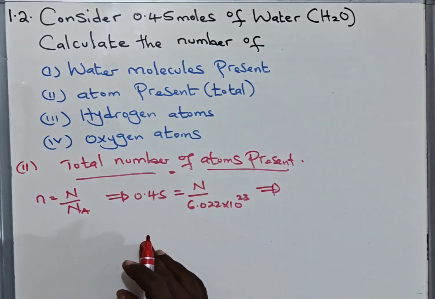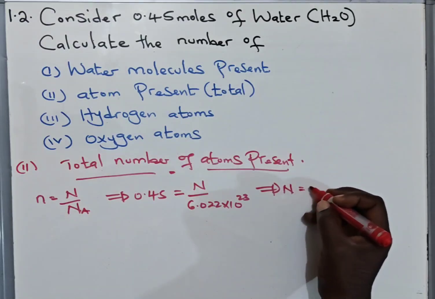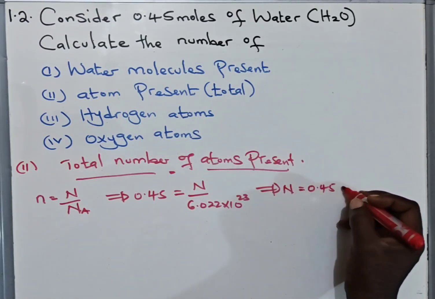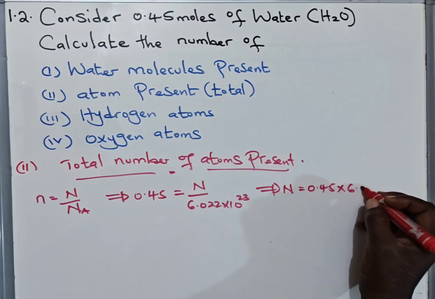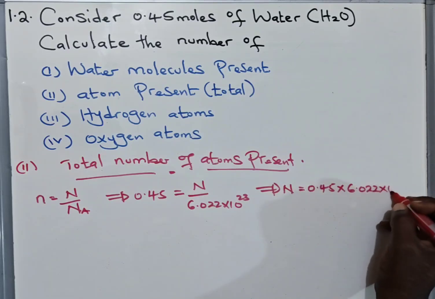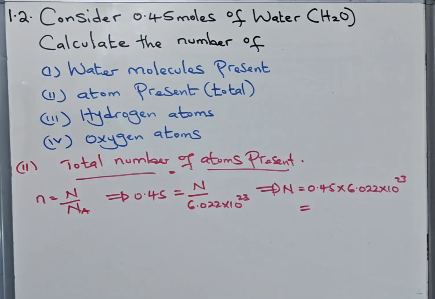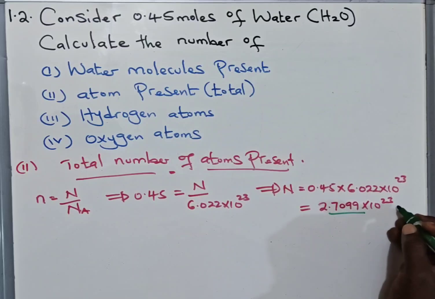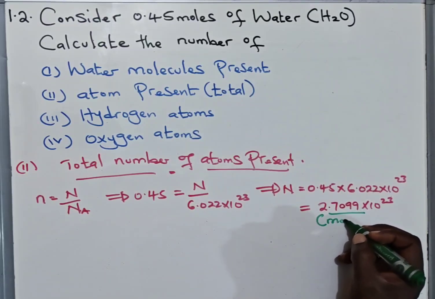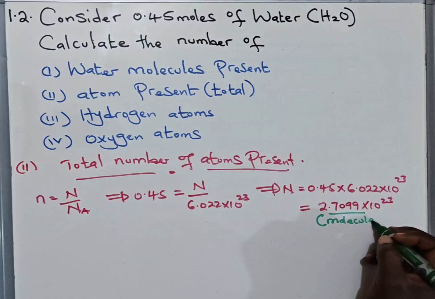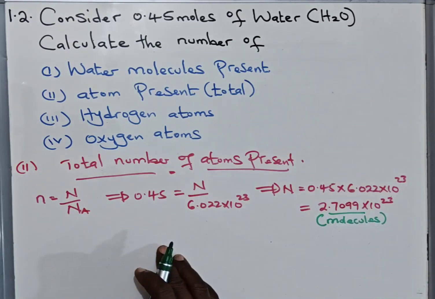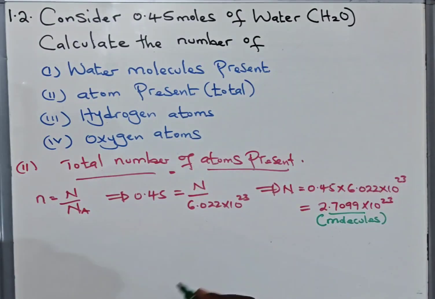What you get after cross multiplying is N equal to 0.45 times 6.022 times 10 power 23, giving you this. But we must not forget that these are the number of molecules, and the question wants the total number of atoms present. So you have to go back and check.